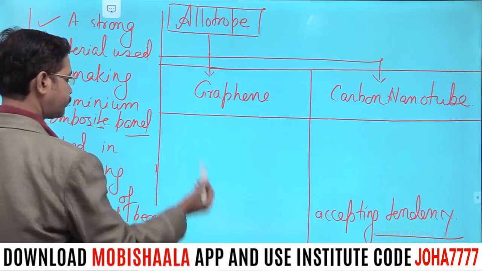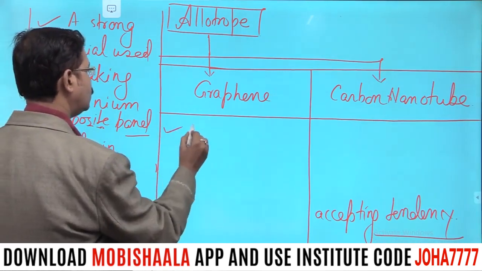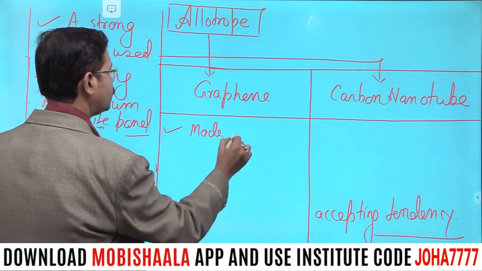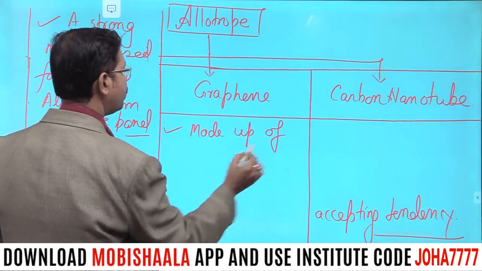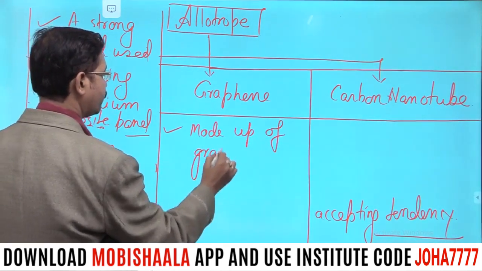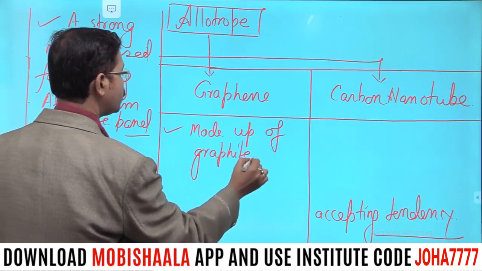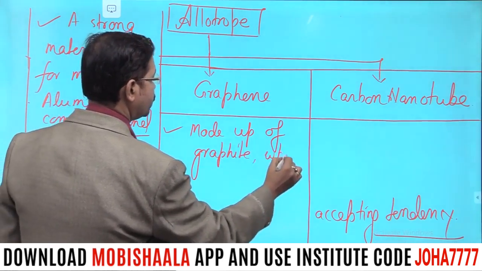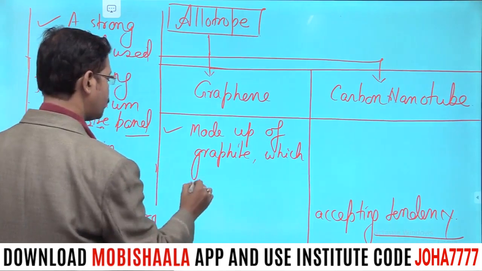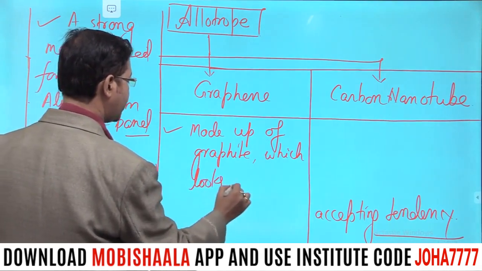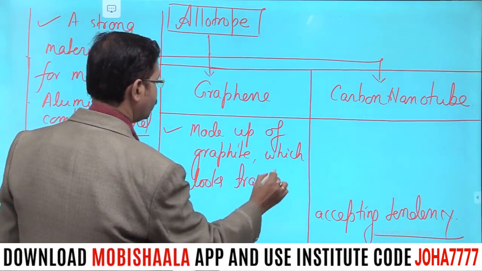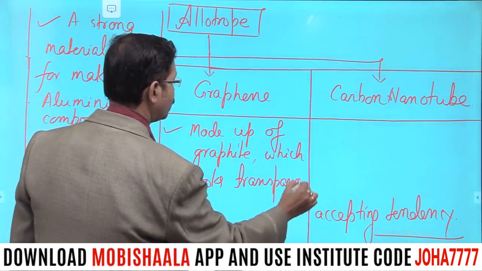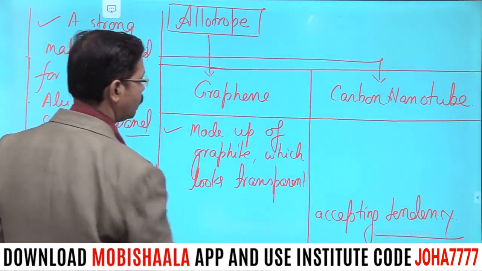Graphene is made up of graphite. How does it look? It looks transparent. This material is what? Transparent.